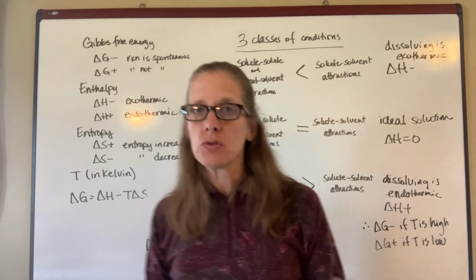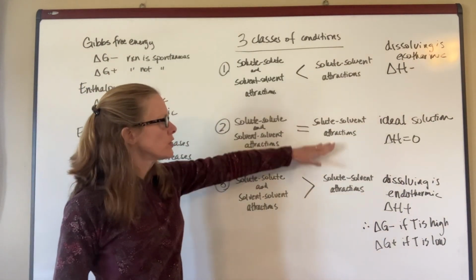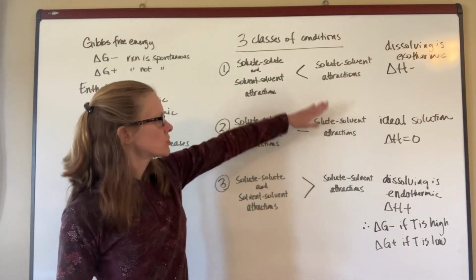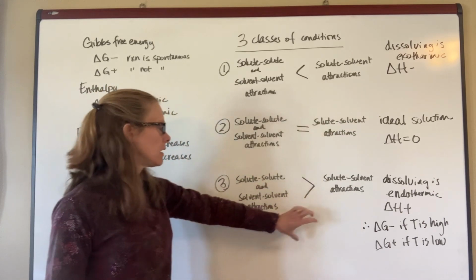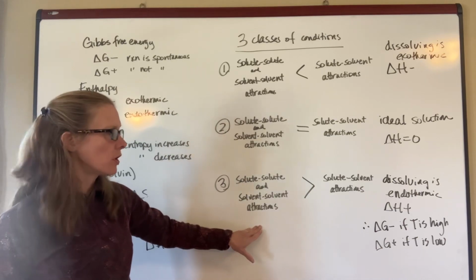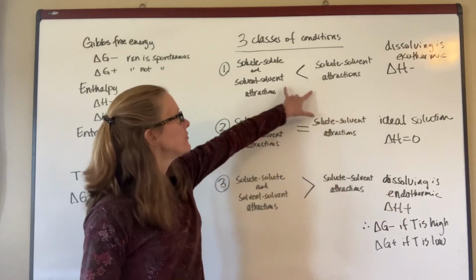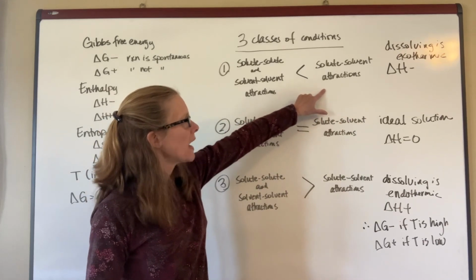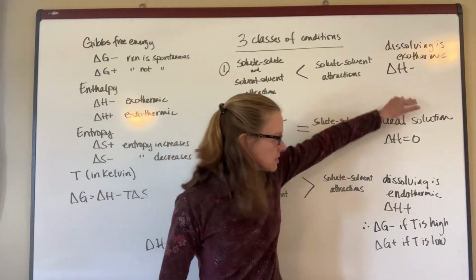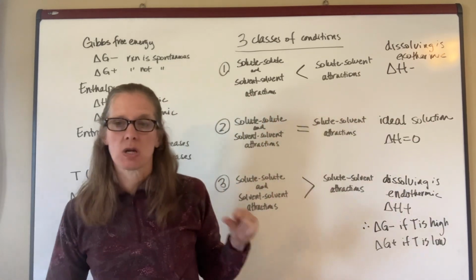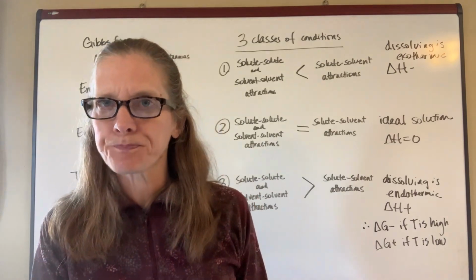The other thing that you need to remember is that depending on what your attractions are, if the solute and solvent attractions are smaller than the particles for each other, that dissolving is endothermic and delta H is positive. If those attractions are greater, then the delta H is going to be negative. And so that's going to have to be something that you stick in your memory as well so that you can analyze these different situations, okay?